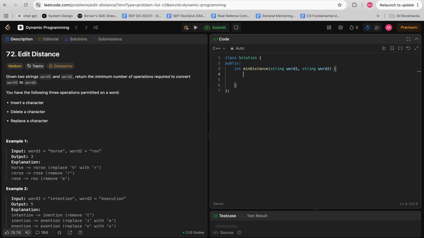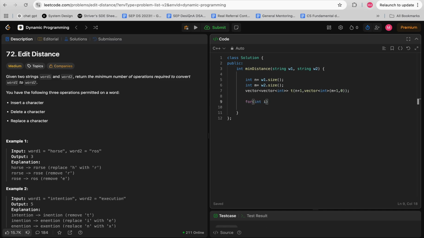We will code it first. Instead of writing lots of code, we'll do it like this.